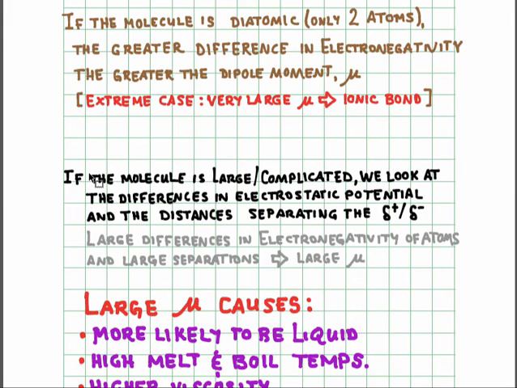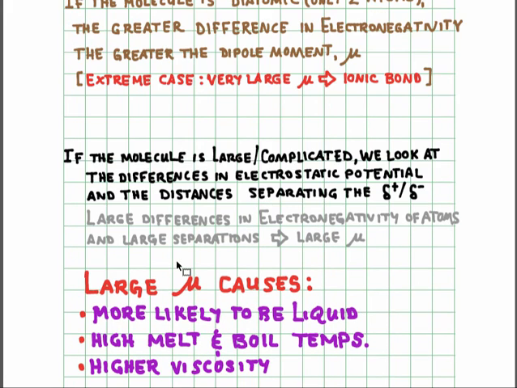If the molecule is large or complicated, we look at the differences in electrostatic potential, if we have that kind of diagram, or if I know which atoms are more electronegative, like oxygen and fluorine, I can look at those and also consider how far apart the partial negative and partial positive regions are. Large differences in electronegativity and large separations lead to a large dipole moment.